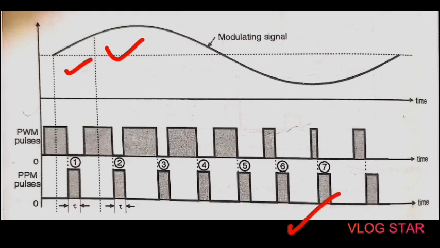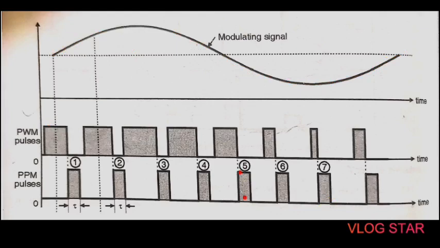Then as the modulating voltage decreases, the PPM pulses 4, 5, 6, 7 come progressively close to their respective reference lines. This is the positive part and this is the negative half cycle. For the positive half cycle, we can see here, this is the reference line, and here pulses 1, 2, 3 are present, and for the negative half cycle, the PPM pulses 4, 5, 6, 7 come progressively closer to their respective reference lines.